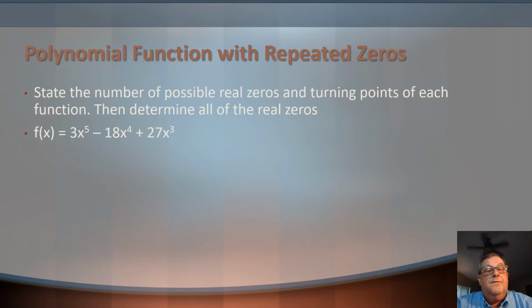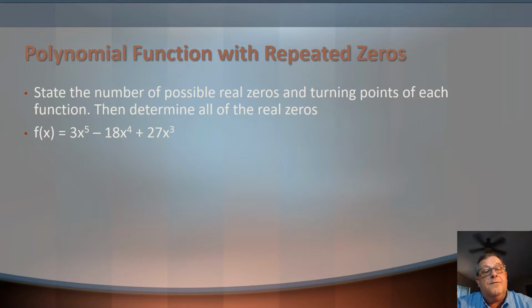Alright, so I got f of x equals 3x to the 5th minus 18x to the 4th plus 27x cubed. How many possible real zeros can I have? Well, you probably know, 5. And what about the turning points? Well, 5 minus 1 is 4, so it's 4 turning points. But let's factor.